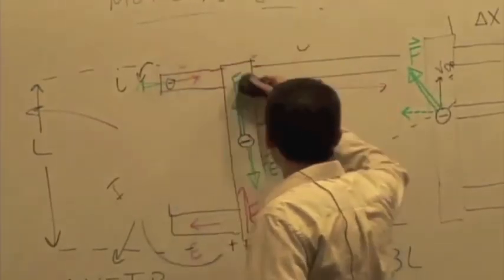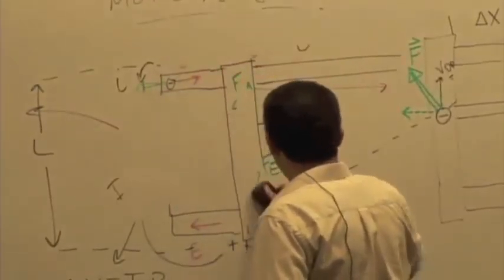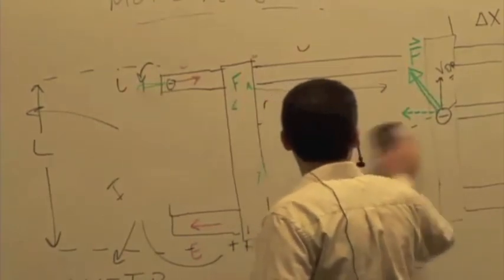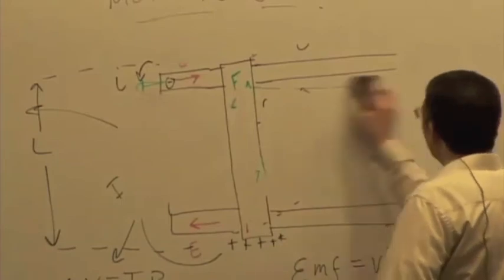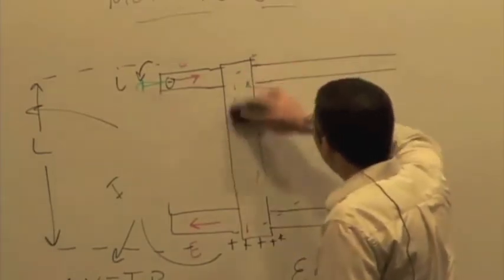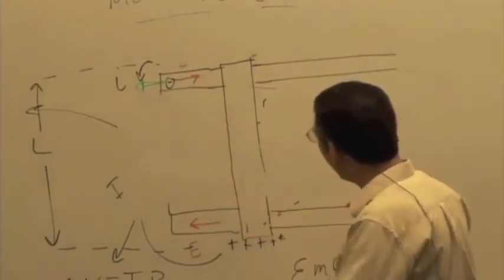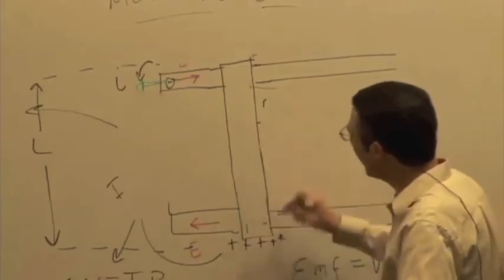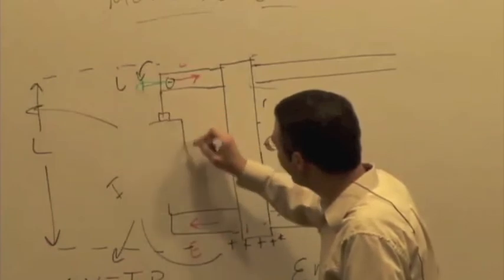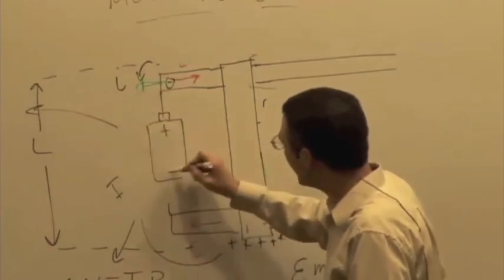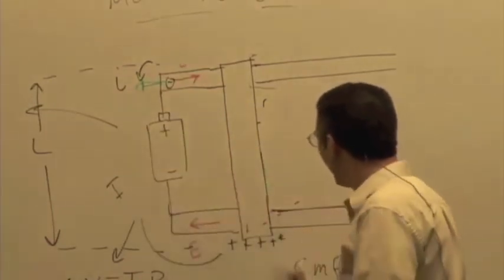What if, instead of a simple sliding wire generator, let's make a sliding wire motor. Instead of supplying the kinetic energy to the bar, let me instead hook up a battery. Positive, negative terminal. So I hook this battery up.